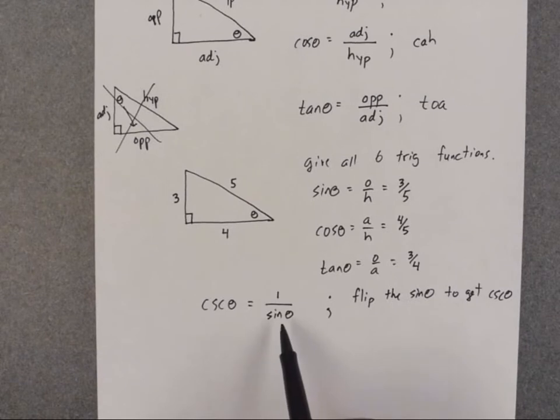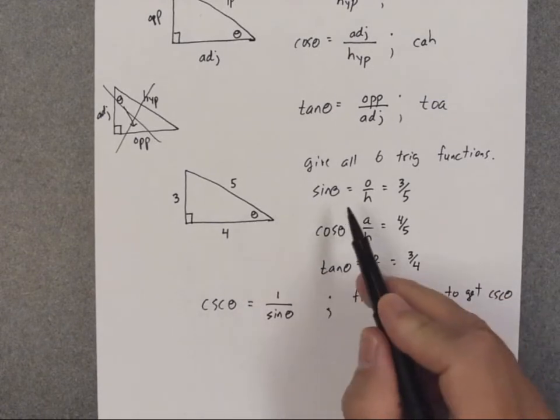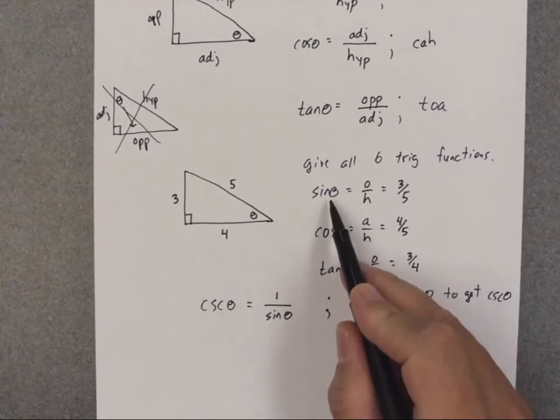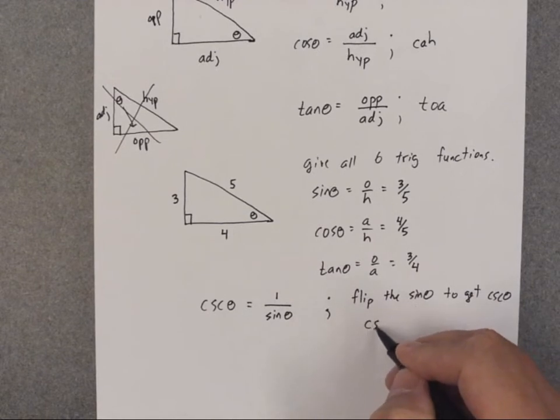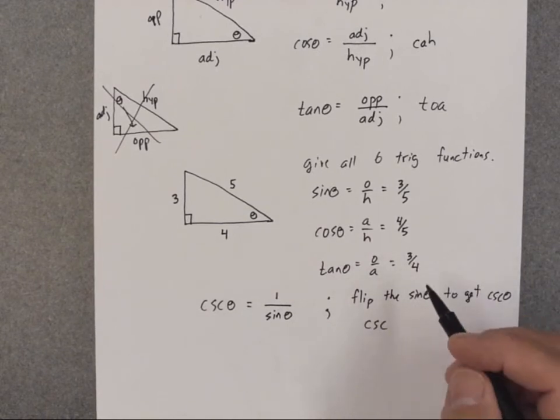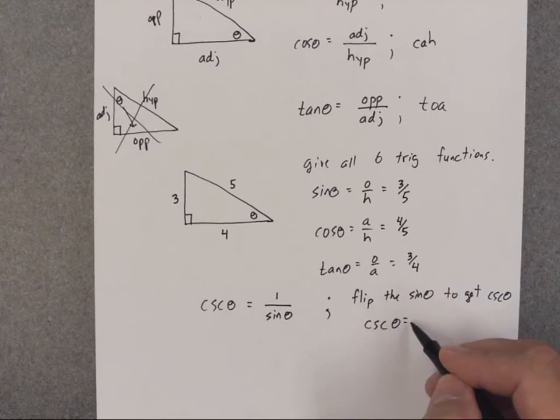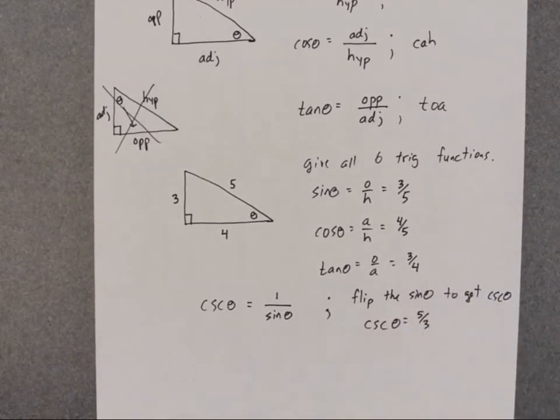If one of these is a fraction, the way you get the other one is just to flip the fraction. So I go back up here for this triangle. I found the sine of theta to be 3 over 5. That means it's very simple. The cosecant of theta is just 5 over 3.